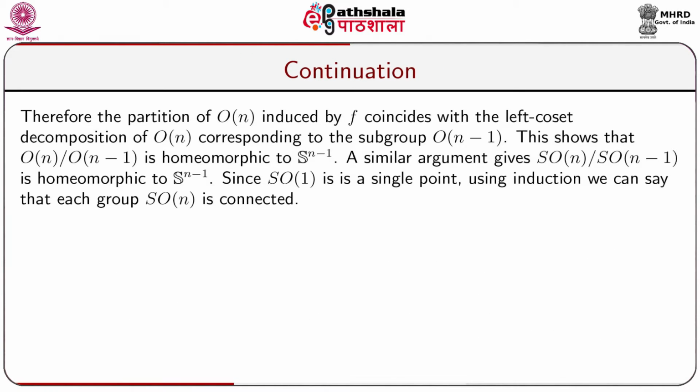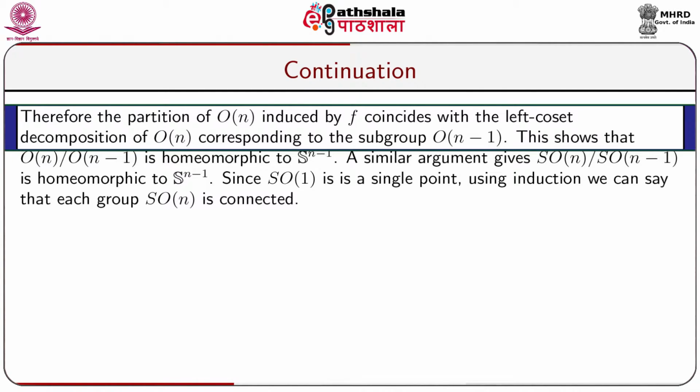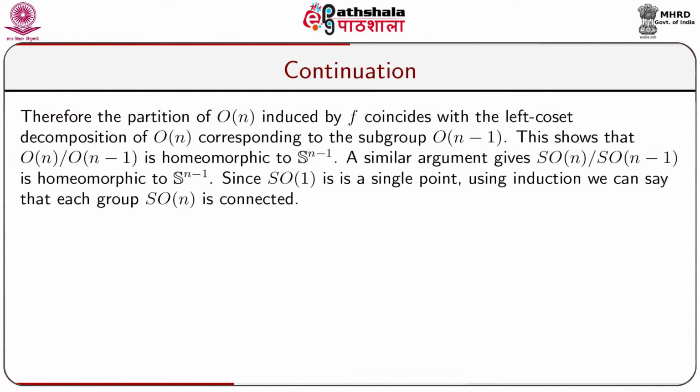Therefore, the partition of O(n) induced by f coincides with the left coset decomposition of O(n) corresponding to the subgroup O(n-1). This shows that O(n) by O(n-1) is homeomorphic to S^(n-1). By a similar argument, we can prove that SO(n) by SO(n-1) is homeomorphic to S^(n-1).